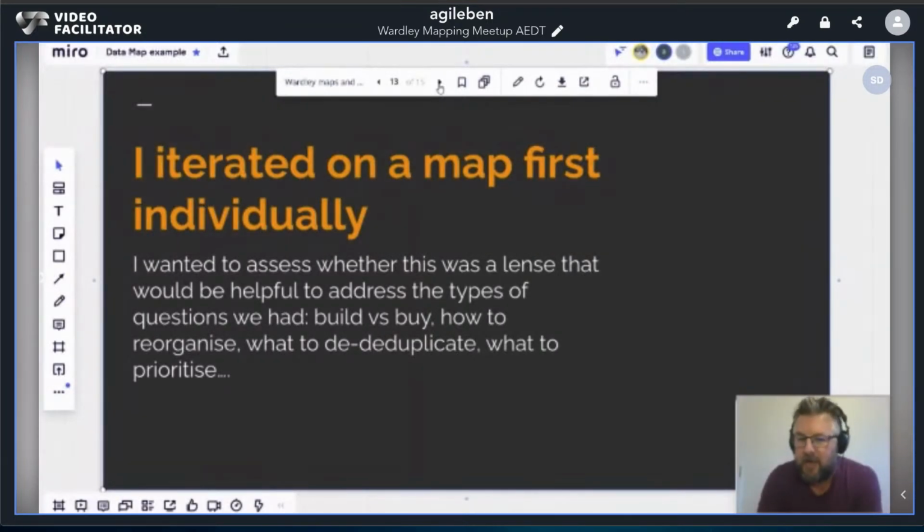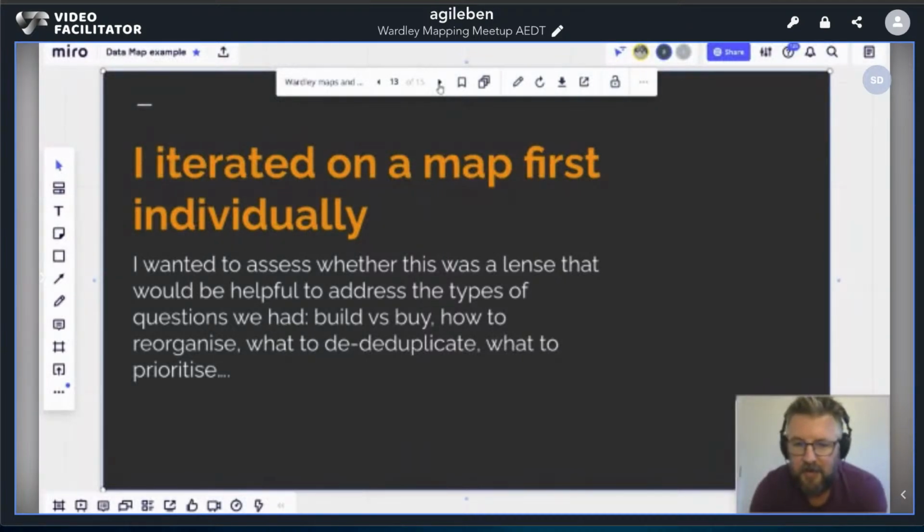So I did some iterations and started to get a sense of, yeah, we're really going to be able to answer some of these key questions we had. We had questions like, in trying to reconcile and simplify this ecosystem, in some areas we want to make decisions about where we build versus buy. We've got all these acquisitions. How do we want to reorganize the teams, and will that be useful?